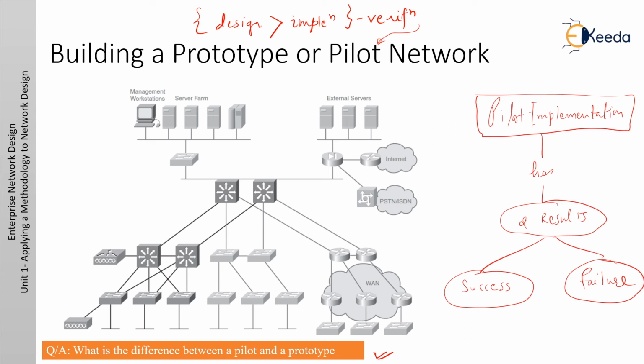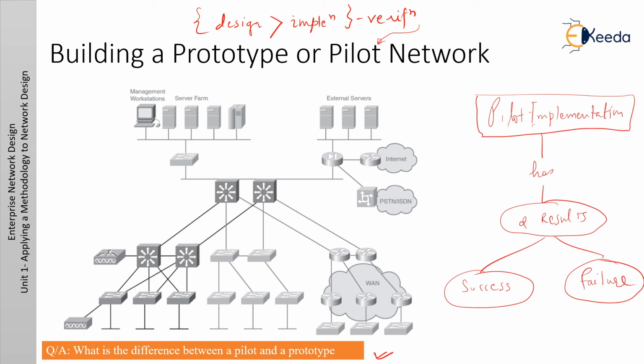Pilot can also be used for designs that add to an existing network, while a prototype network tests and verifies a redesign in an isolated network. This is an existing network and this prototype is in an isolated network before it is applied to the existing network. A prototype network is usually used to verify designs that must be implemented on an existing network infrastructure.